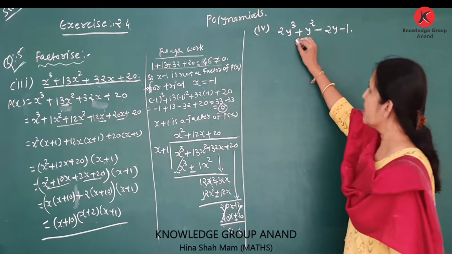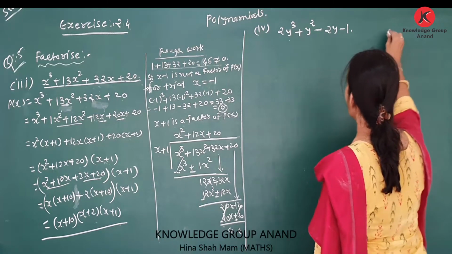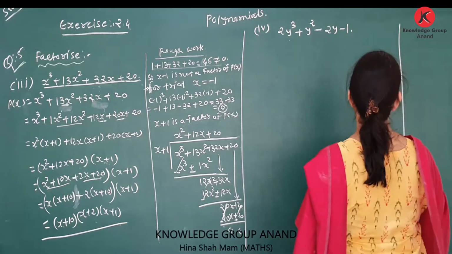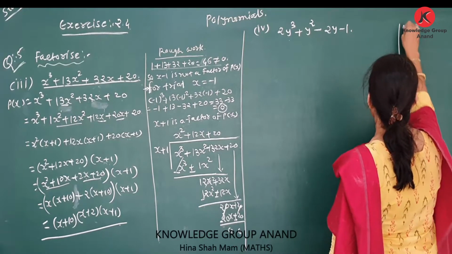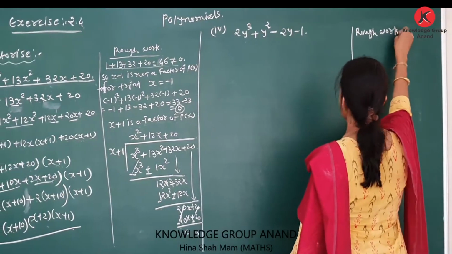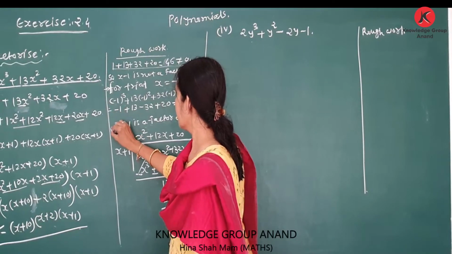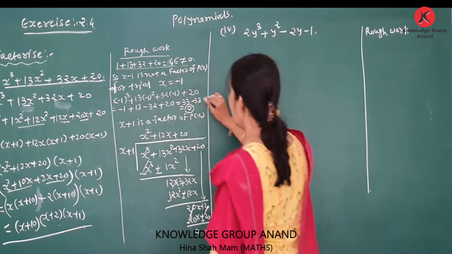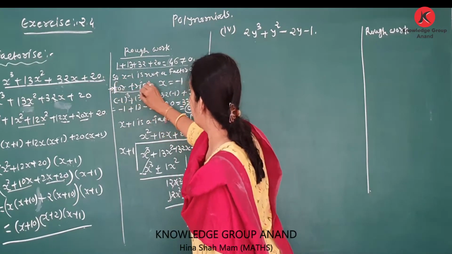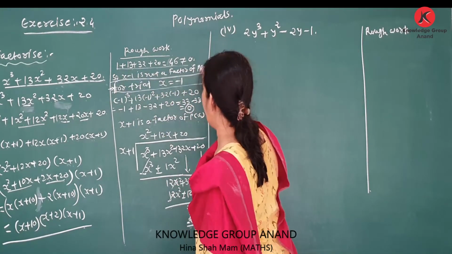Now the second question, the fourth problem: 2y cube plus y square minus 2y minus 1. Here we do rough work, only rough work for factorization. This is our method. For trial, x equals minus 1; do this in rough work.